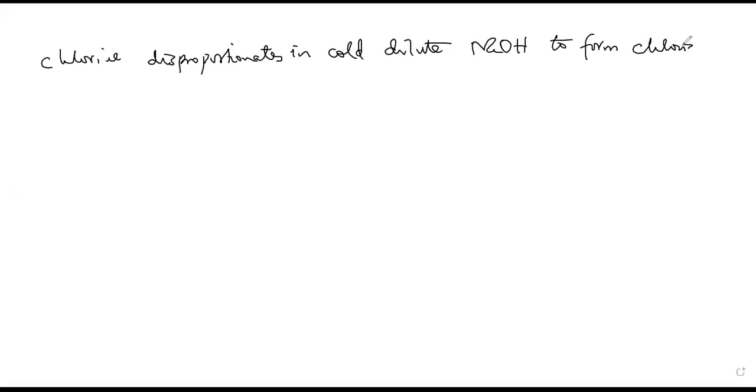chloride ions, that is sodium chloride, and chlorate 1 ions, that is from hypochlorite, sodium hypochlorite, and water. How does this take place?